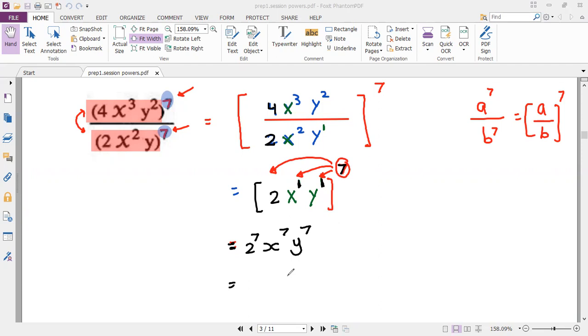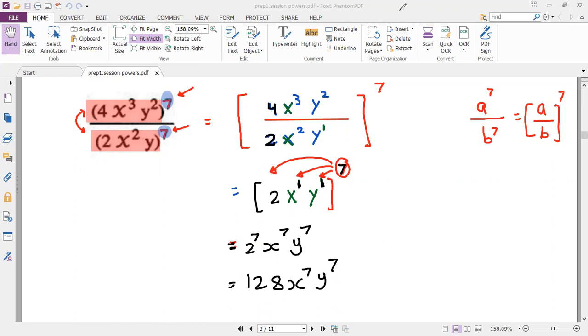You know, 2 raised to the power of 5 is 32. So 2 to the power of 6 is 64, and 2 to the power of 7 is 128. Don't use the calculator. It's 128. X to the power of 7, y to the power of 7. That's it.